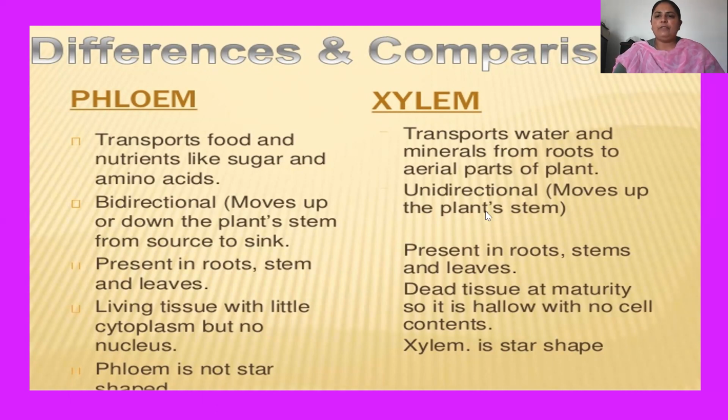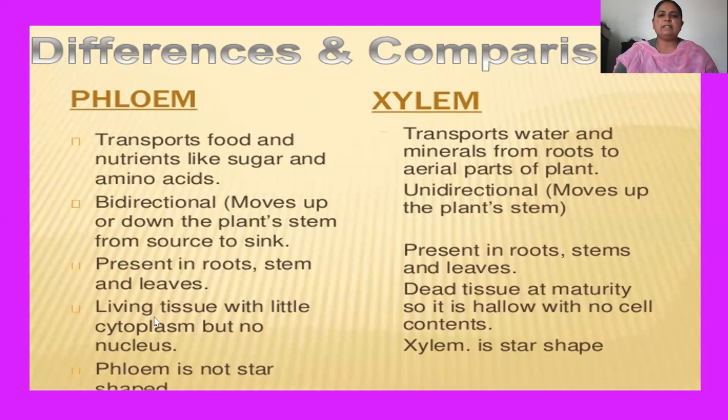Yes, students, always remember that xylem tissue is involved in unidirectional movement, that is, it moves up the plant's stem, because you know that the roots of the plant are present in the bottom region of the plant, and from there the roots absorb water and minerals. So the movement of water and minerals happens in a unidirectional manner from roots to various aerial parts of the plant.